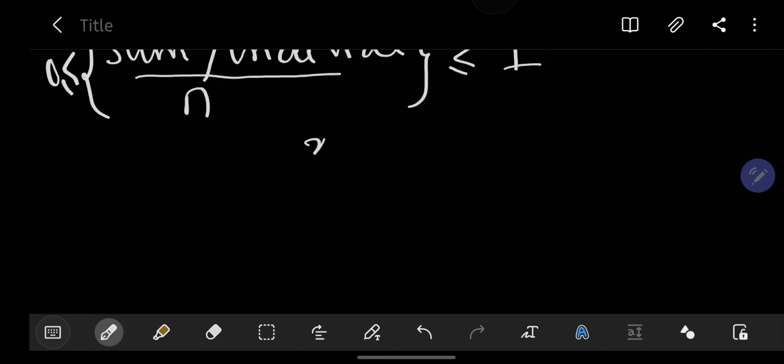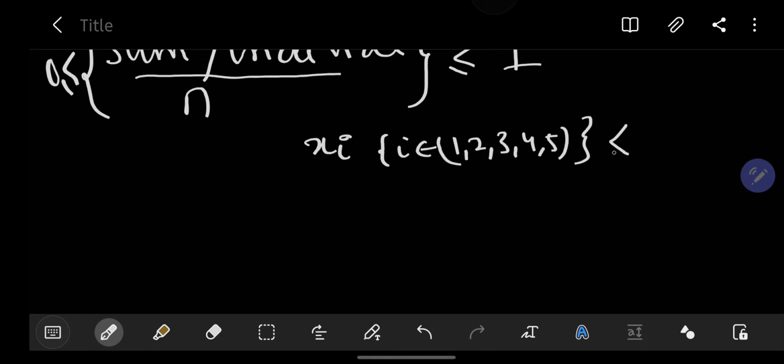So xi, i belonging to 1, 2, 3, 4, 5, will be between 0 and 1. Every relative frequency will always be between 0 and 1.